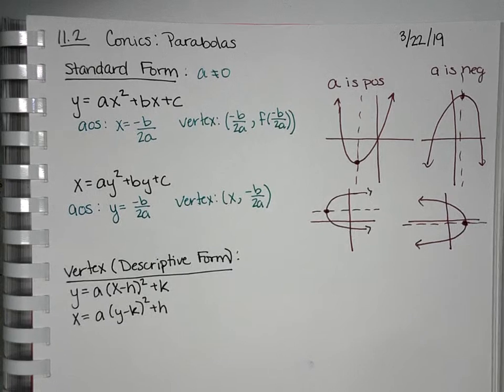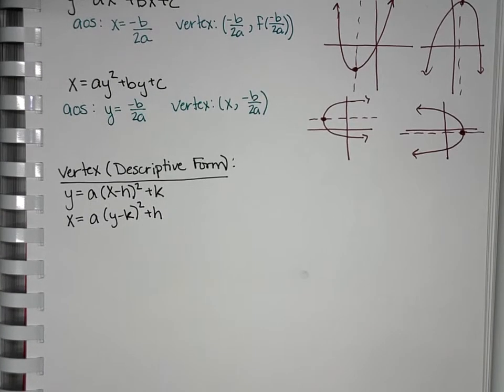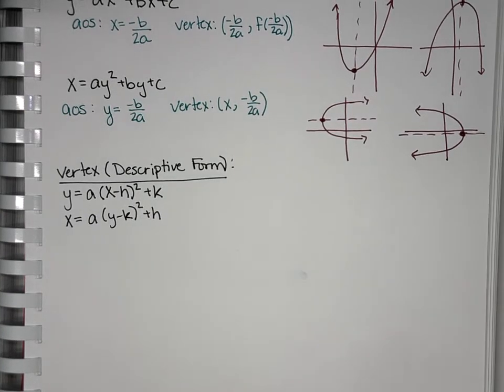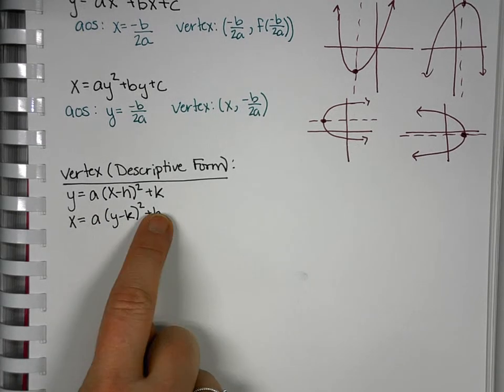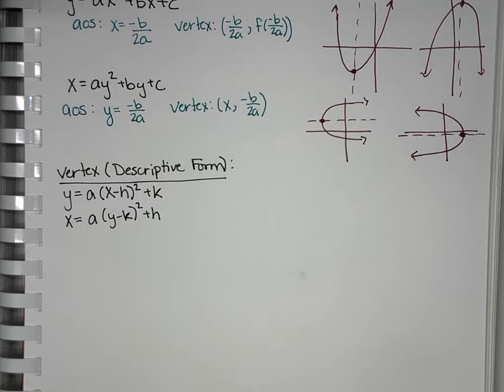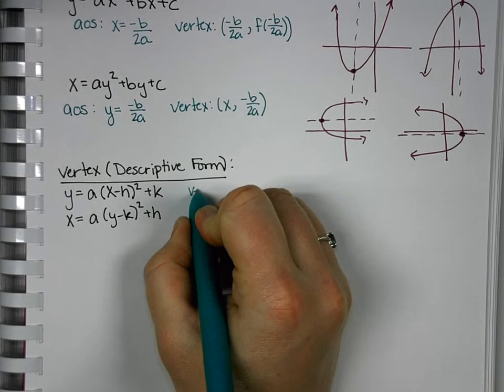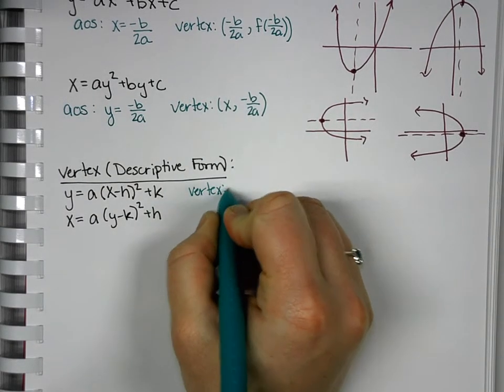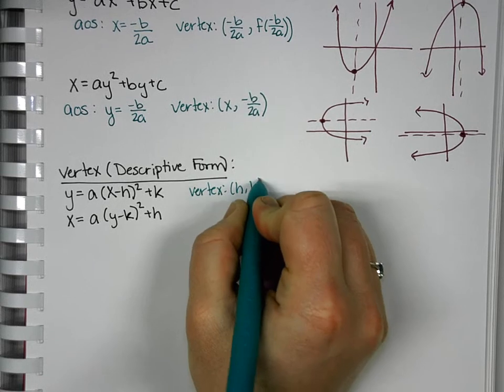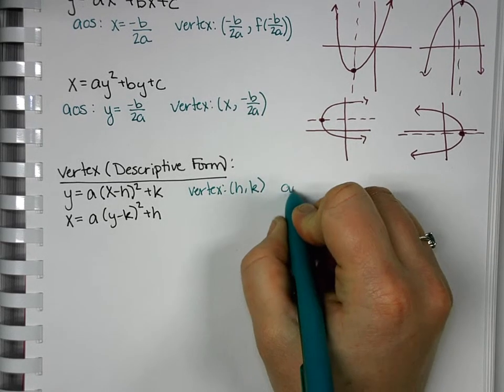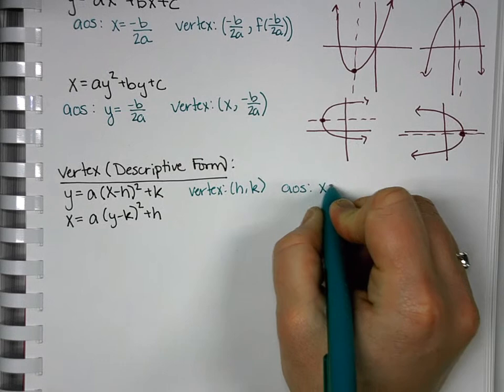The other form that I was talking about is descriptive form. So these ones, what we do to get here is we complete the square, much like we did in circles. Complete the square so that you get your vertex form. For the first one here, we read our vertex as HK, and your axis of symmetry is x equals h.